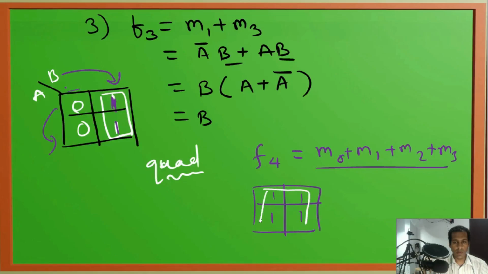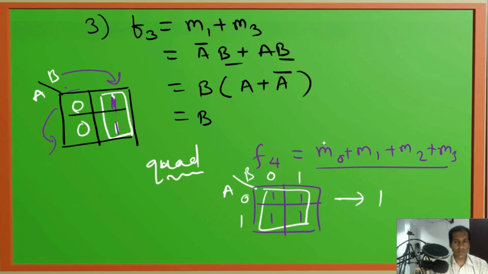All 4 will be combined. So here we have A, here we have B, 0, 1, 0, 1. So on these squares, how will f4 be read? No variable remains constant throughout the square, which means that the output is a 1 for any combination of inputs. So its answer should be 1.